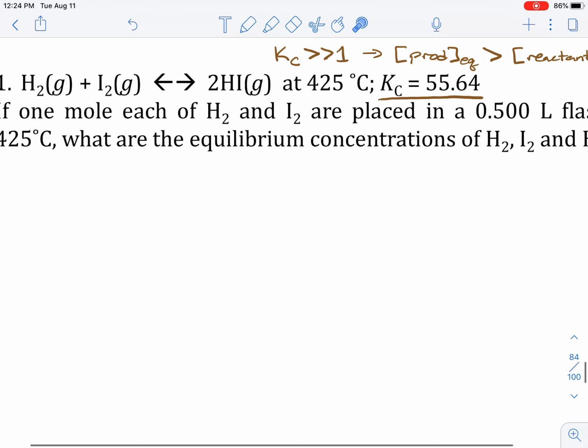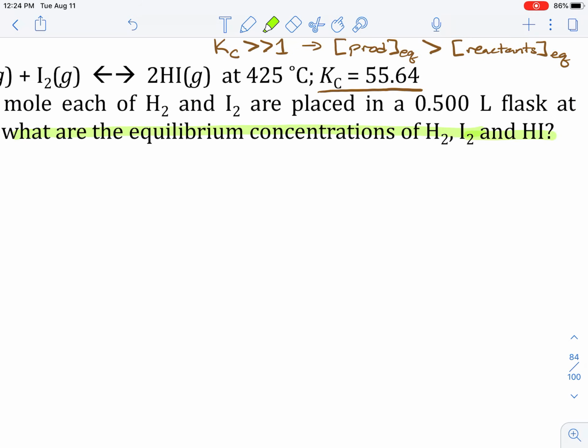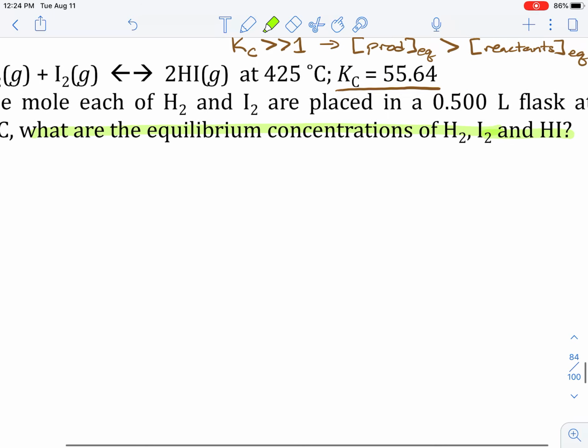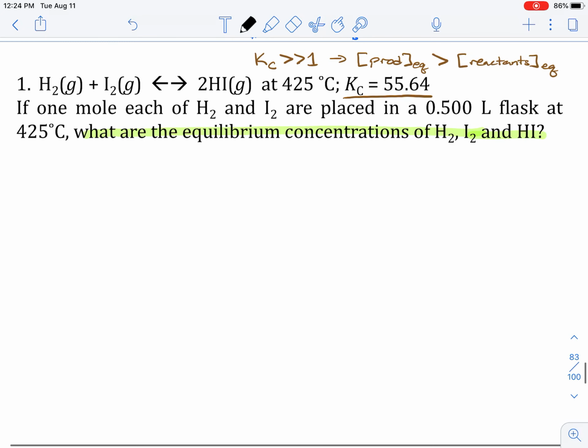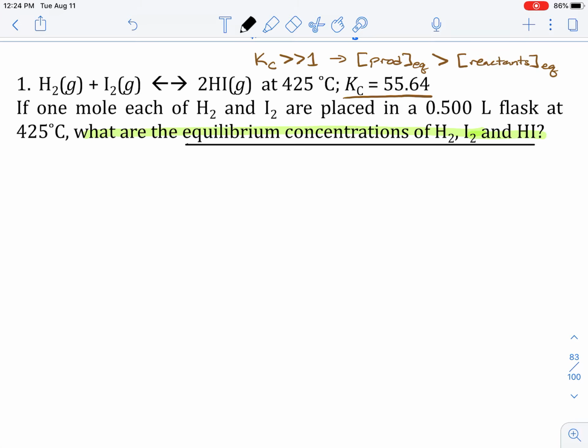Okay, and so I'm just going to go ahead and highlight the main question. So what is the equilibrium concentration of these substances? And so how would we go about and figure that out? How do we quantify the equilibrium concentration of H2, I2, and HI?